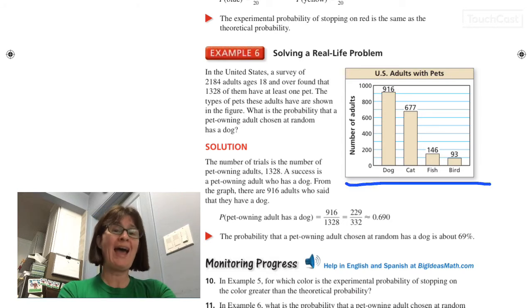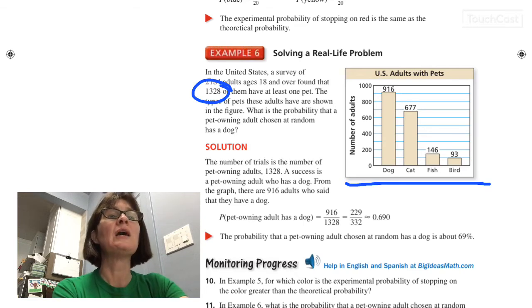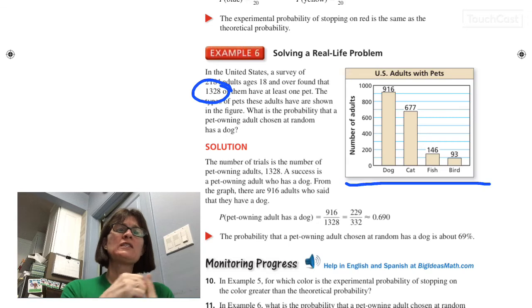And of the ones who have pets, these are the pets they have. So there are 1,328 out of 2,100 adults who have at least one pet. If you meet somebody and find out that they're a pet owner, what's the probability that they have a dog?